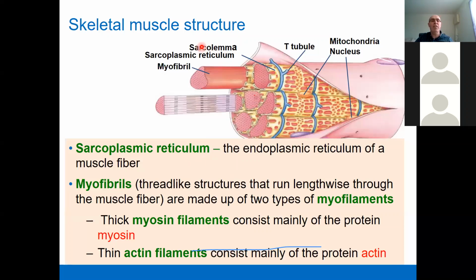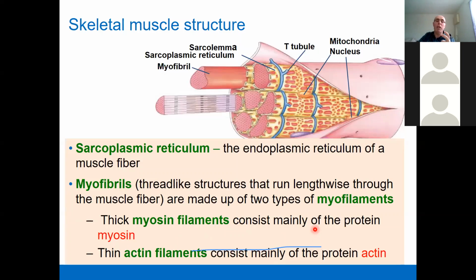Okay, as we see here, and myofibril, which are made of the two myofilaments. Okay, and these are thick filament we call myosin filaments, consists of a protein called myosin, and thin filament, which is actin filaments, consists mainly of the protein known as actin.